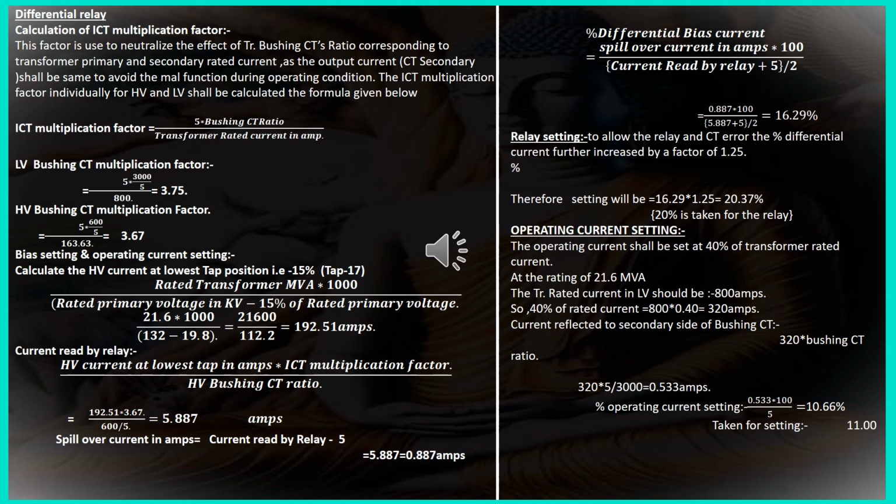Normal CT ratio is 1500 by 5, 750 by 5. It has been raised to 3000 for LV, and for the HV side it is 300 by 5, 400 by 5, 200 by 5, but they have taken 600 by 5. The ratio is 600 by 5.